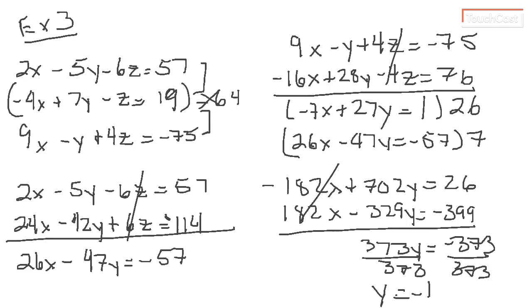So now we're going to take that into one of the equations and figure out x. But I've run out of space. So I'm going to actually use this equation to figure out x. So we've got negative 7x plus 27 times negative 1 equals 1.